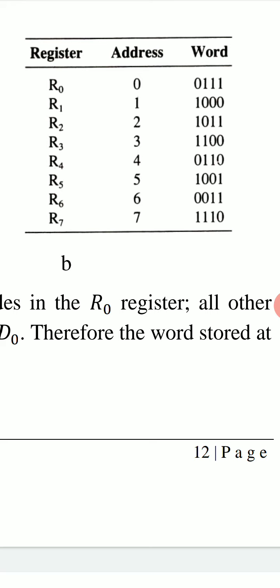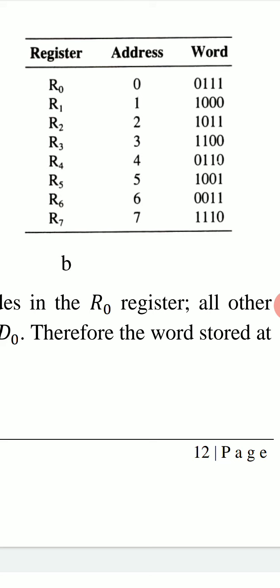This 0, 1, 2, 3, 4 which we write with capital R is the address of the memory location, and at this address the word which is stored at this memory location is shown in the third column.